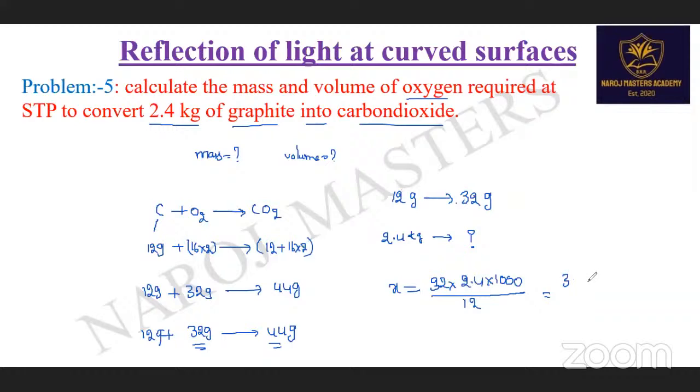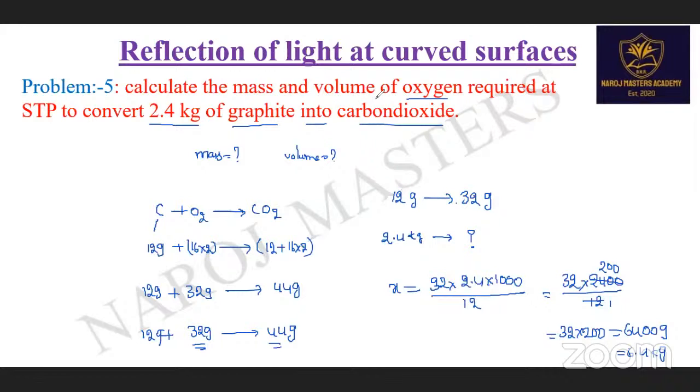That is 32 into 2400 by 12. 12 goes into 2400 two hundred times. That is 32 into 200, 6400 grams, equal to 6.4 kg. Very good answer, 6.4 kg.